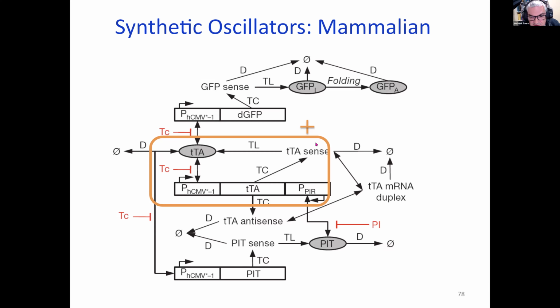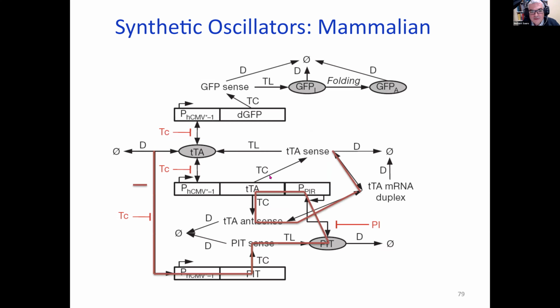So this bit here in the middle is actually the positive feedback, right? If you take the gene here, tTA, this makes some mRNA, which makes the transcription factor, which then activates more production of tTA. So that's the positive feedback.